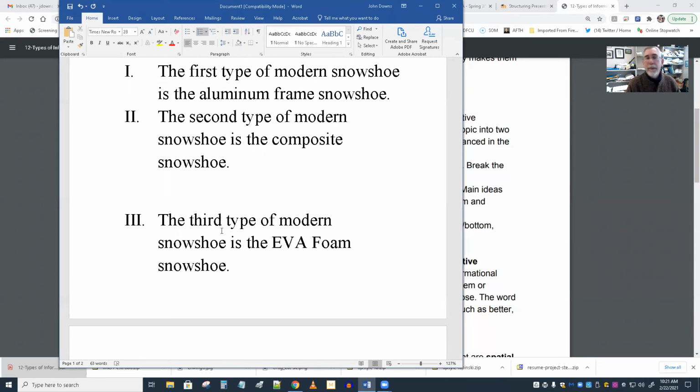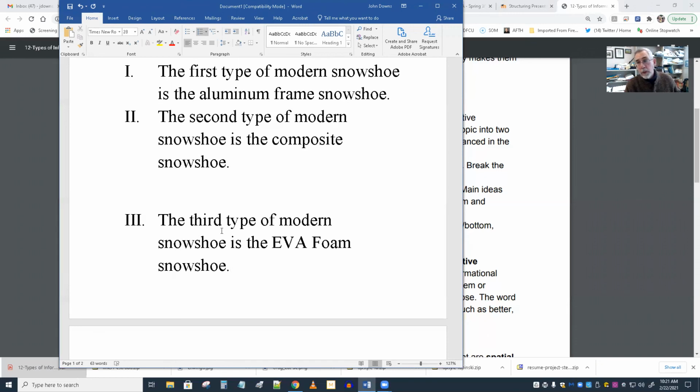Okay, and as you can see from my pop-up, I have a meeting to go to in just a minute. So I'm probably going to have to pause this and continue in just a couple minutes. Third type of modern snowshoe is the EVA foam snowshoe. Okay, good. So that's how we build our main ideas.